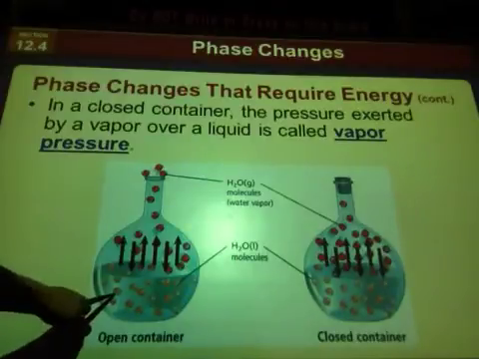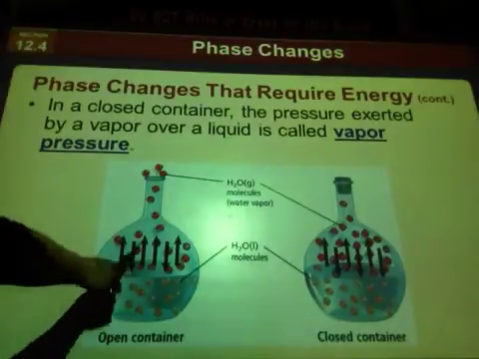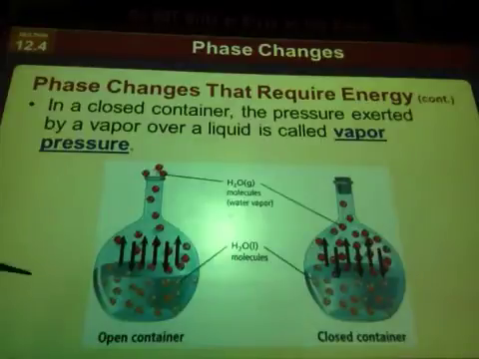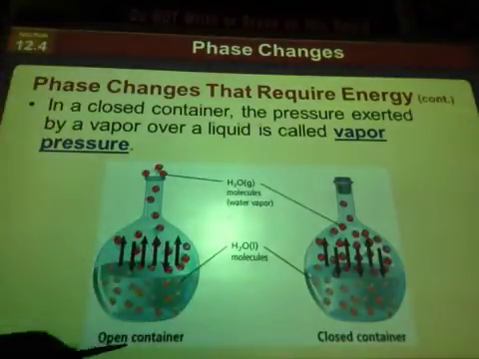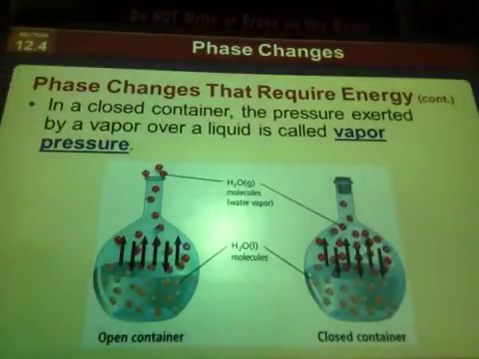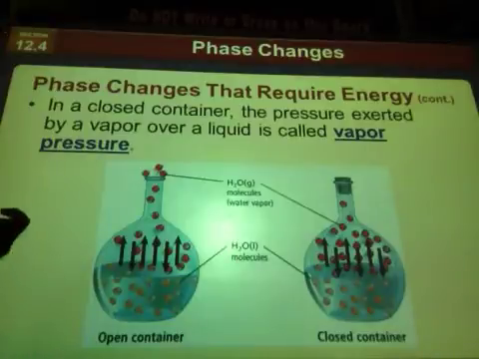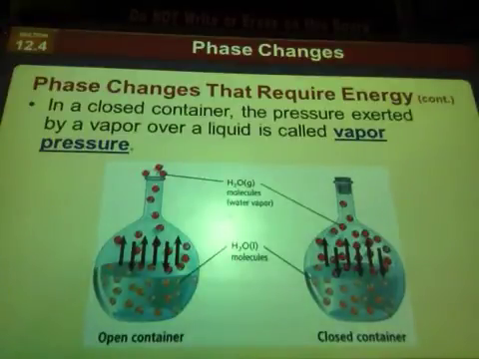So do you think I would have a lot of vapor pressure in an open container? I would not, because these new water vapor molecules are able to leave that container, so I don't have a lot of pressure there. But if I have a closed container, I can have some water molecules that turn into water vapor, but where are they going to go?